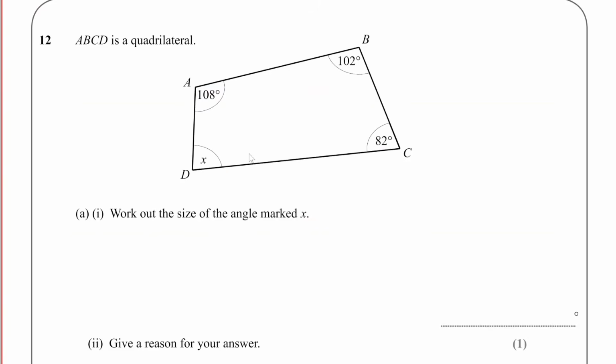Question 12. ABCD is a quadrilateral. Work out the size of the angle marked X. So angles in a 4-sided shape add up to 360 degrees. So we need to work out what these angles add up to at the moment. So 108, 102, and 82. What does that add up to?